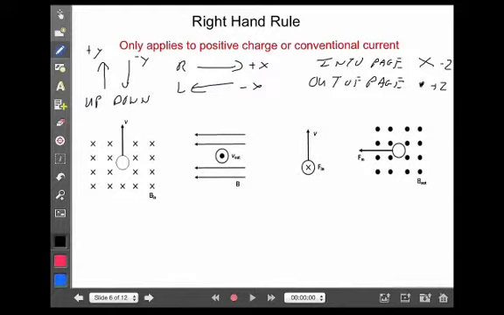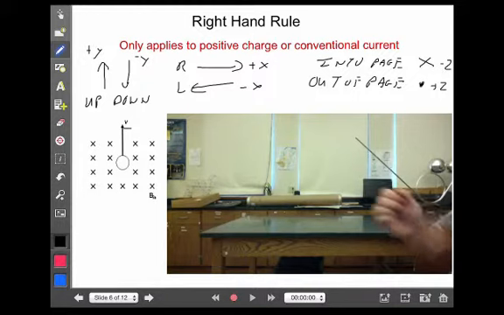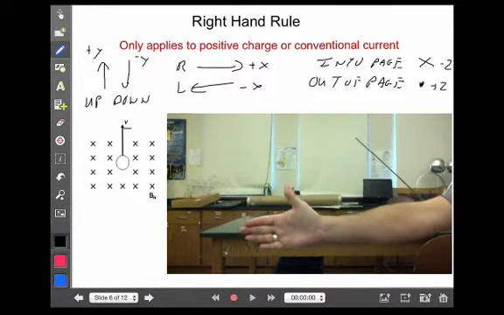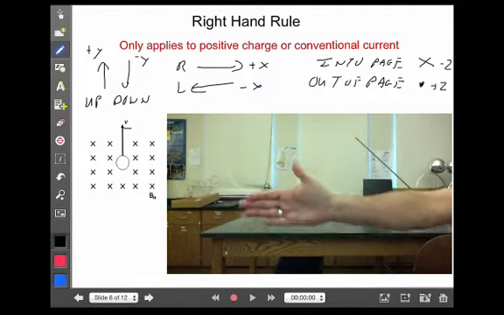So now let's look at this first example. Here I've got a charge, again with a positive charge, going up the page with a certain velocity, and a magnetic field that is going into the paper. With my right hand, first of all, my thumb is my velocity, so I want it pointing up into the air.